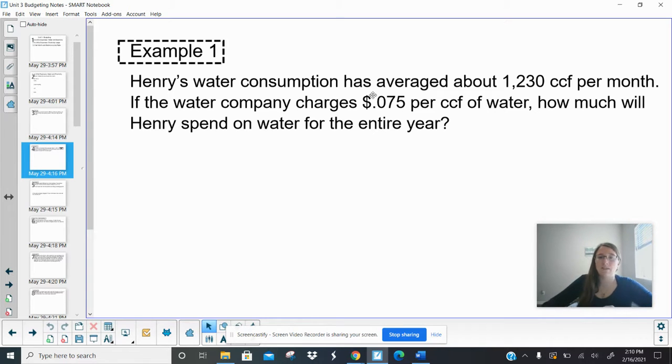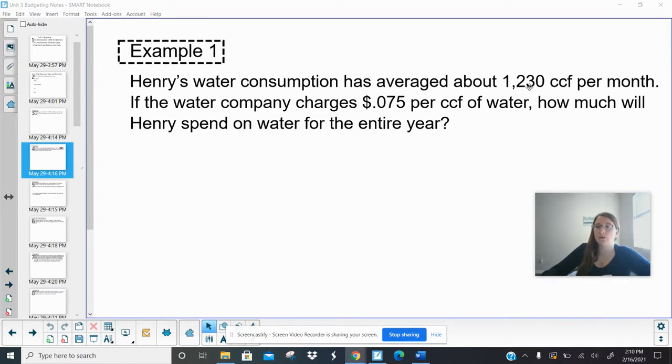So Henry's water consumption has averaged about 1,230 ccf. Again, that's cubic feet. It's just a measure of volume of water per month. If the company charges 0.075, that's not a typo. That is basically 7.5 cents, right? 0.075 per ccf of water. How much will Henry spend on water for the entire year?